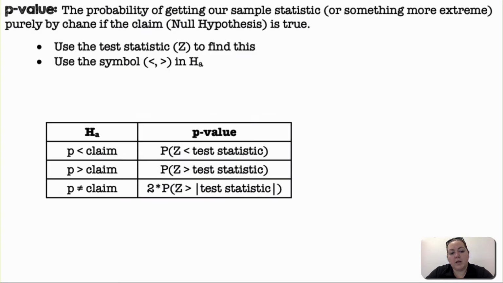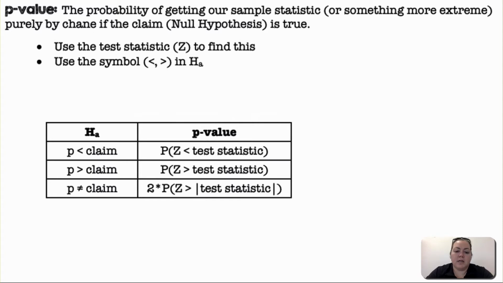Our p-value is the probability of getting our sample statistic, or something more extreme, purely by chance if the claim, the null hypothesis, is true. We use the test statistic z to find this, and we use the symbol in our alternative hypothesis. If we're doing a less than test, our p-value will be the probability that z is less than our test statistic.